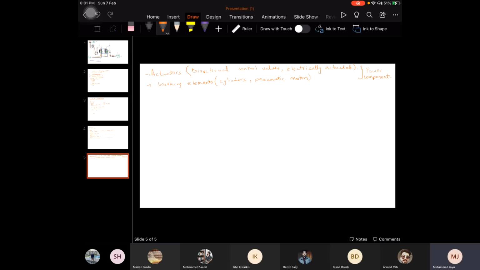Okay, the other component, the signal control component, which consists of signal inputs and processing elements, is designed differently in both systems.